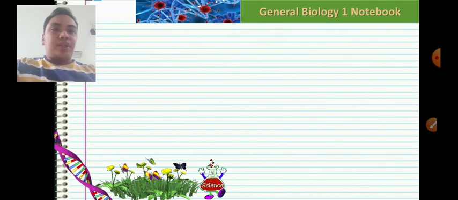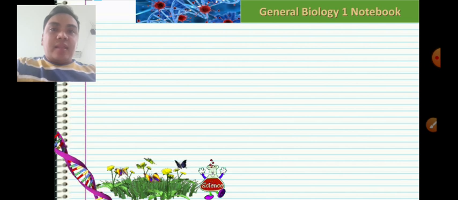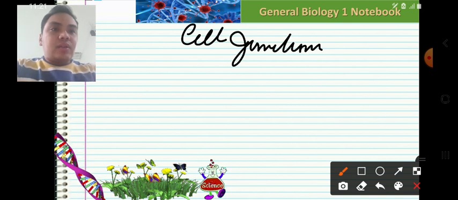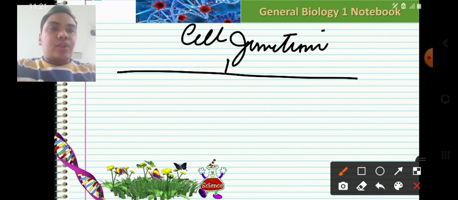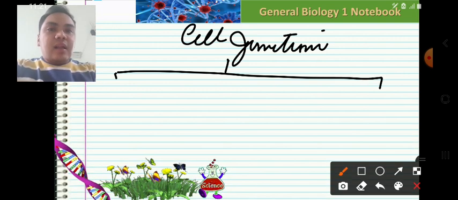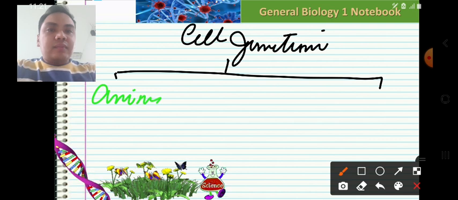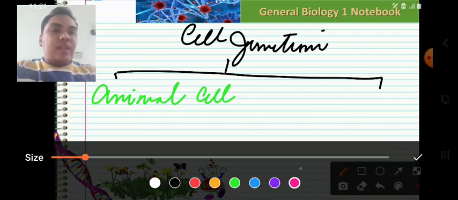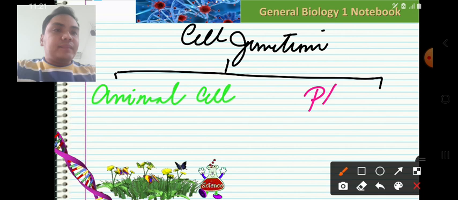Cell junctions can be divided into two groups: the animal cell and the plant cell.